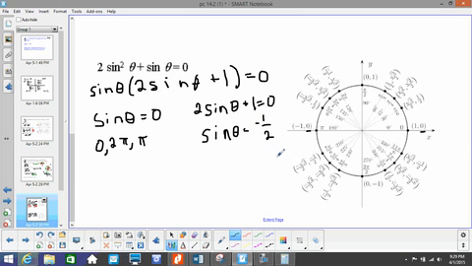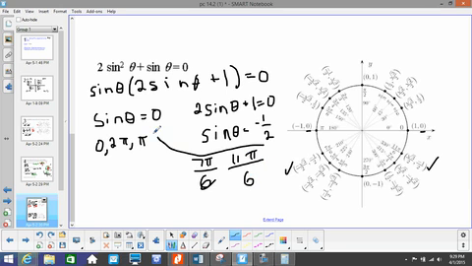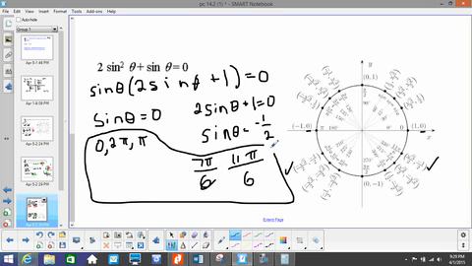And when its sine is negative 1/2, right there and right there. That's going to be at 7 pi over 6 and 11 pi over 6. So it's all of those answers.